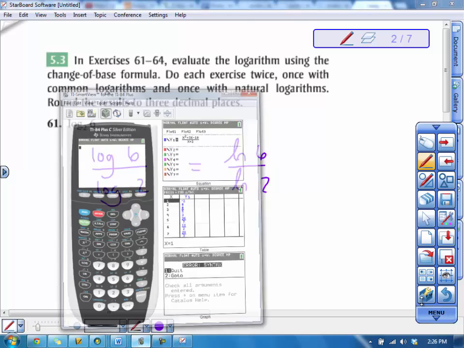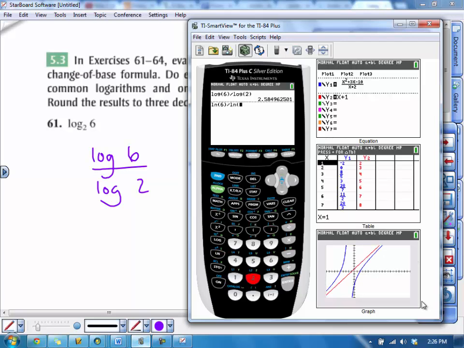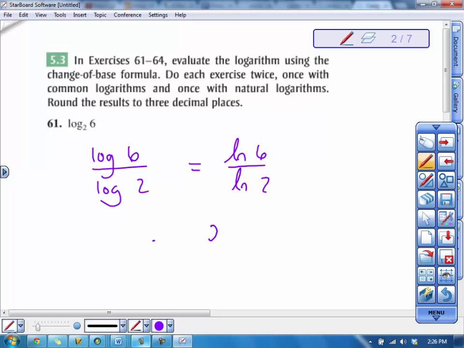And you can do this in the calculator to prove that you get the same thing. Common log of 6 divided by common log of 2. You do the same thing as if you did natural log of 6 over the natural log of 2. Okay, so 2.585, approximately, rounded to 3 decimal places.